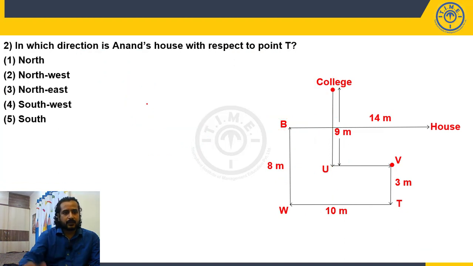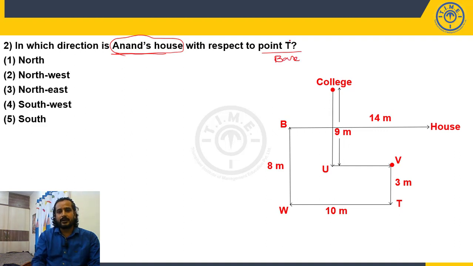Choice 2. In which direction is Anand's house with respect to T? So what is the base? Point T is the base. Move to point T. So here is the point T. With respect to the base, there is the east side, west side, north and south. Now what is given?